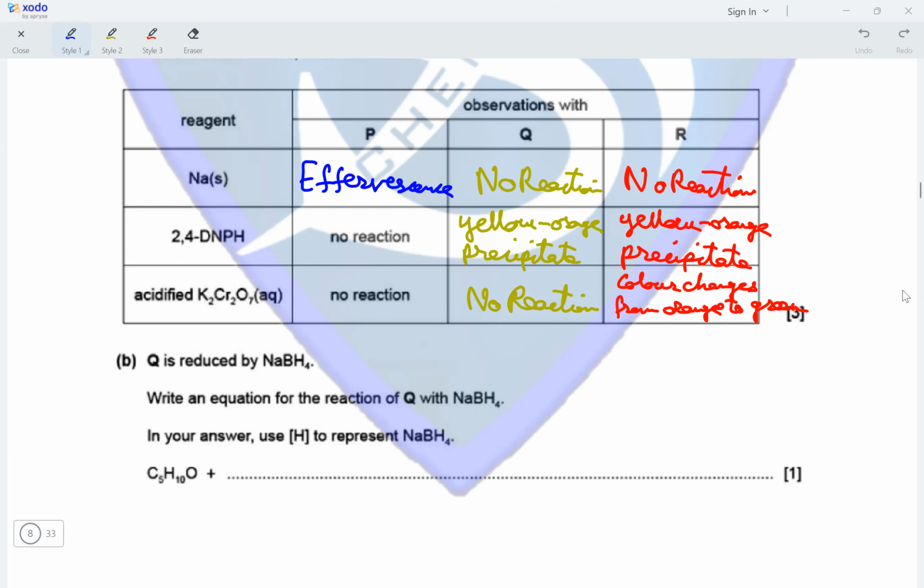So that would be 2 square brackets H, because this represents the two hydrogens being added. And since two hydrogens are being added, the product would be C5H12O. So this is the equation for the reduction of compound Q with NaBH4.